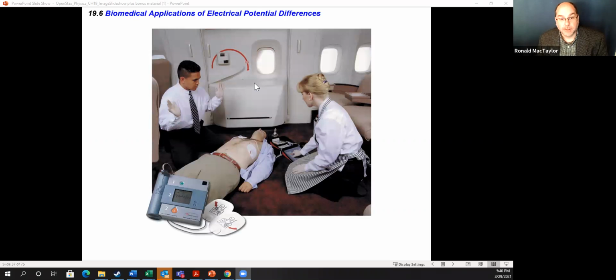I think this image of trying to start somebody's heart, and again, that's capacitors. There used to be a time in life where camera flashes, when cameras were a separate device, not your phone, and there was a flash that went on top of your camera, and when you turned it on, you heard this sound, whee, as it charged up.